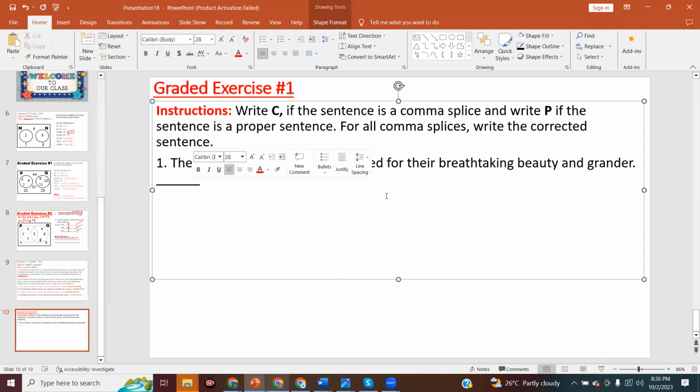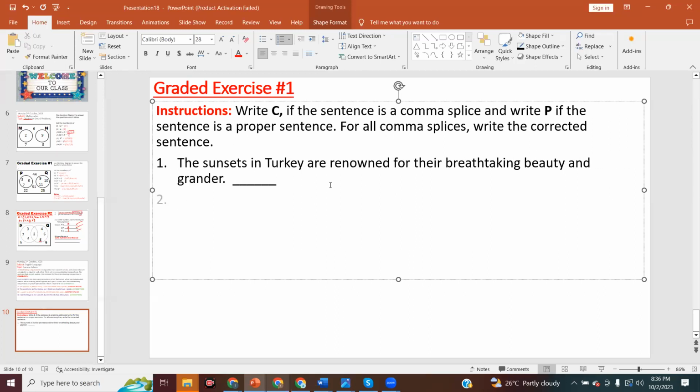Right, C for comma splice, right? P for proper sentence.